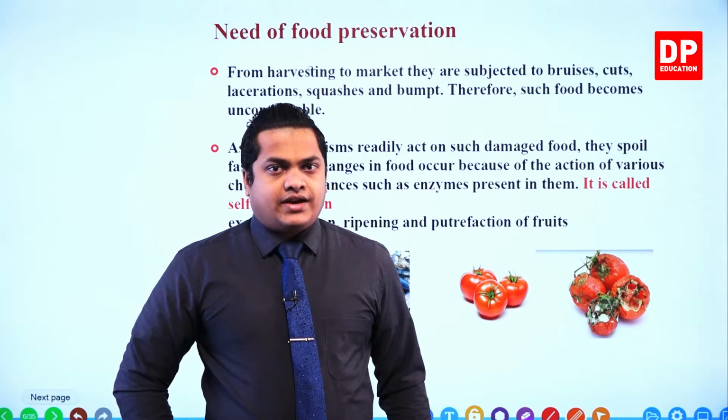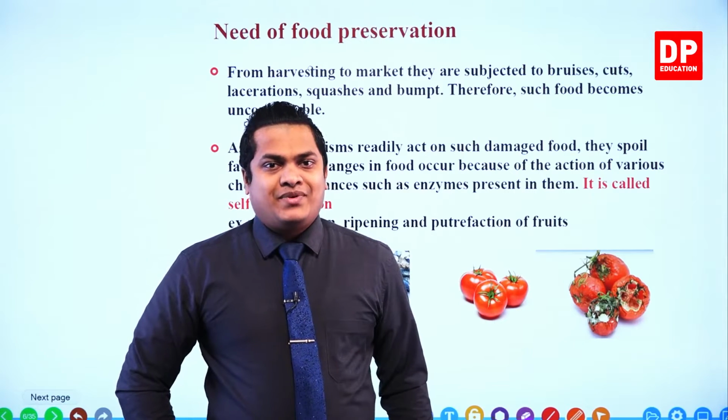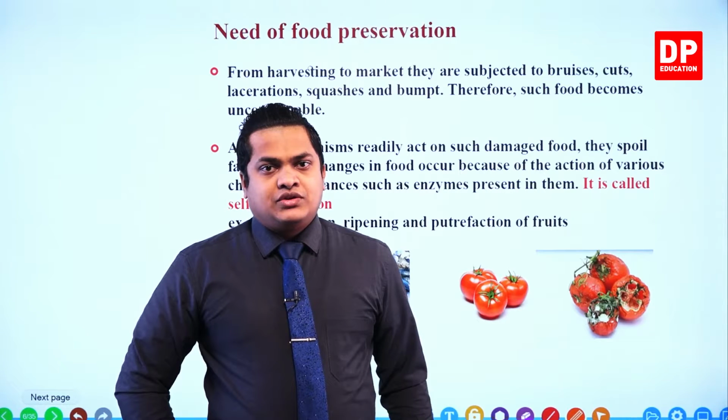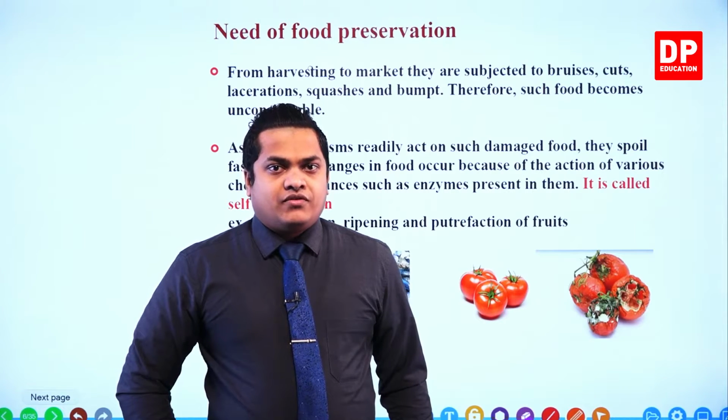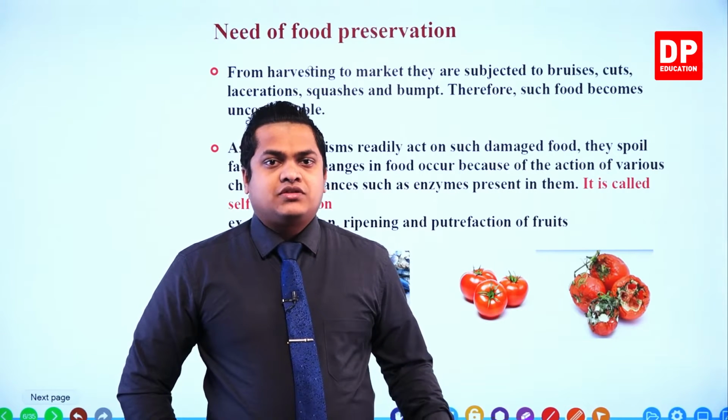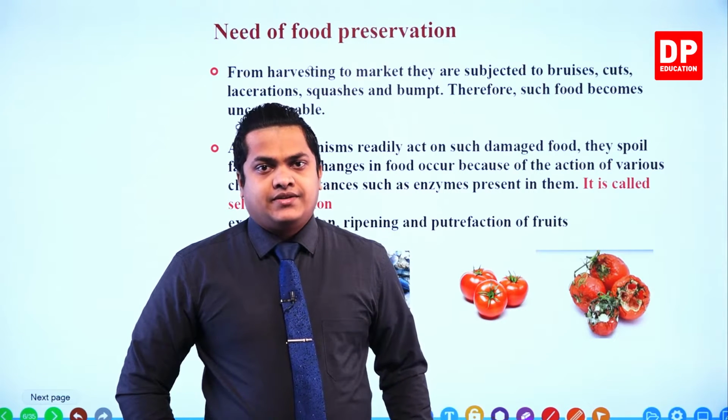So at the correct time, you have to consume them. If it is too much ripened, then you won't be able to consume it. So fruits and vegetables mainly degrade naturally.